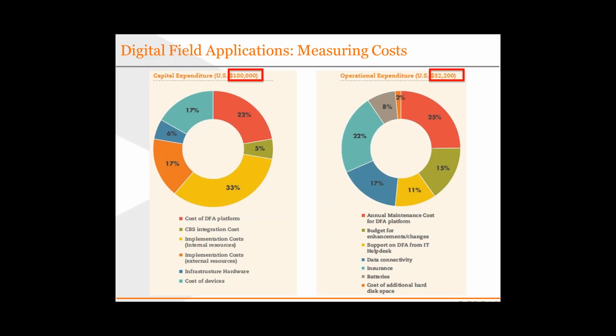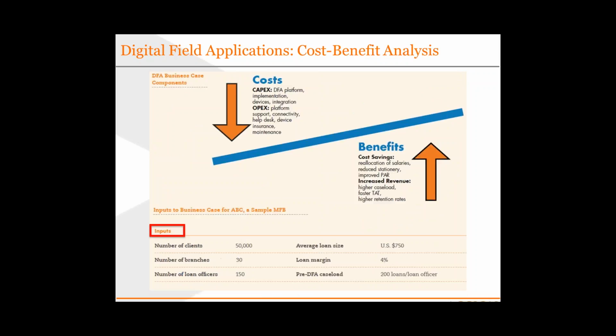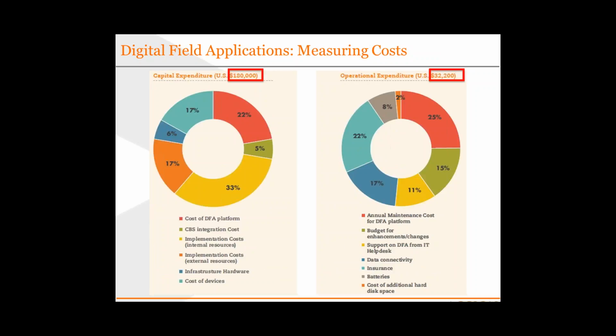Each also has the business case of that institution built into those studies. And then finally, we also developed this Excel tool for institutions to look at these hypotheticals and then adjust them to their own institution's numbers and then play with what implementation would look like for them.